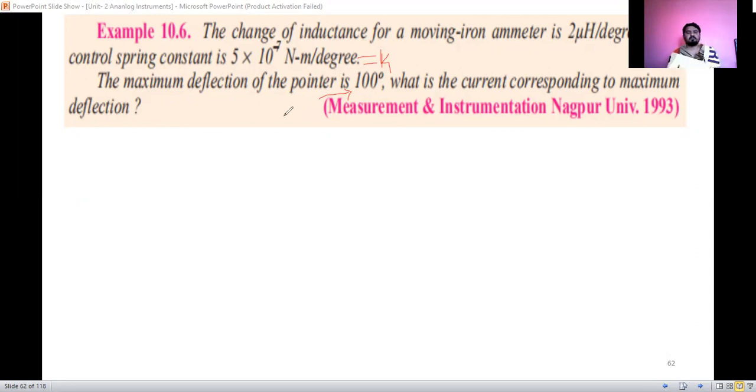Think about it. Maximum deflection they are telling. Here 0 is there, here the scale is there, and the maximum deflection is where the pointer is. From here to here, that is called theta. Maximum deflection is nothing but theta. So the 100 degree is theta.